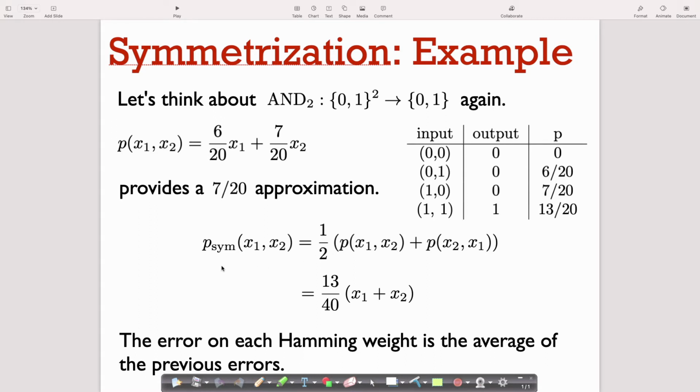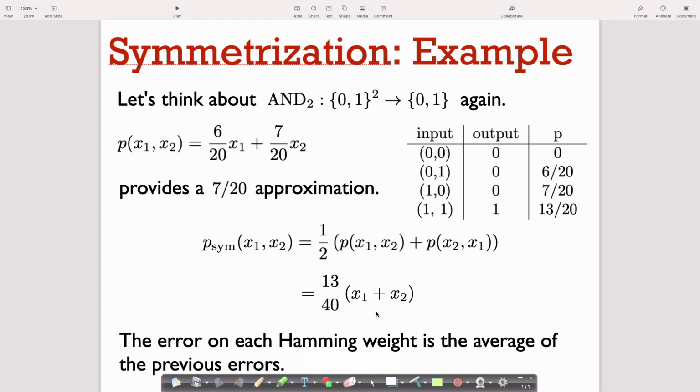So in this case, p sim is just going to be the average of two polynomials: p itself, and p where we switch the input variables x1 and x2, so p evaluated at x2, x1. When we compute this, given our definition of p, it's just going to be 13 over 40 times x1 plus x2.